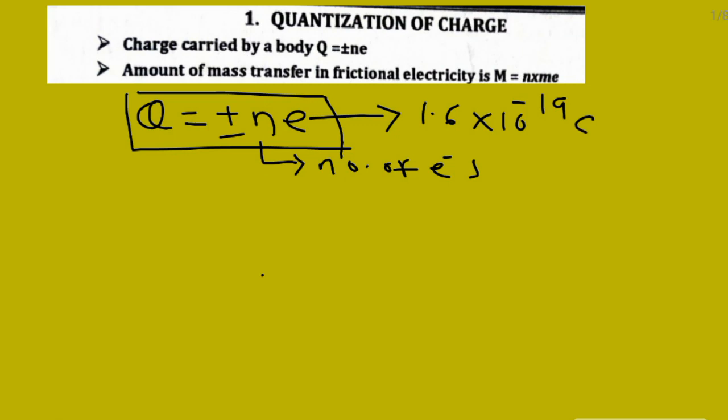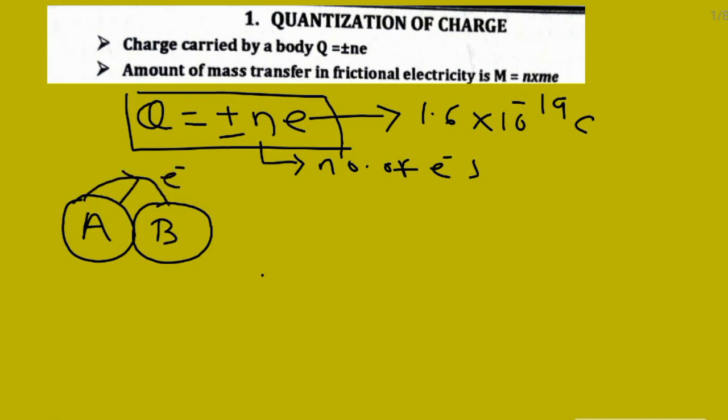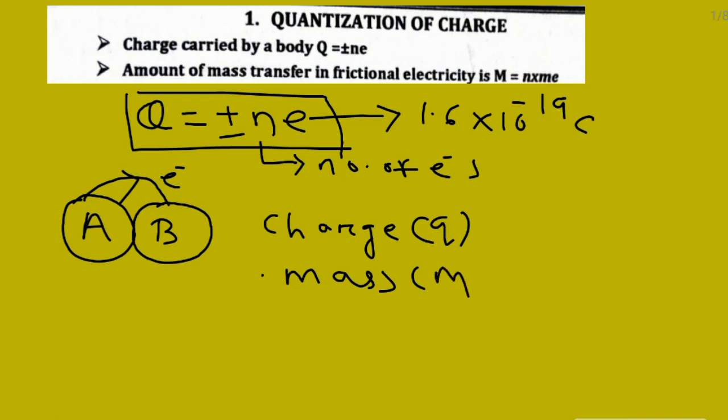And in frictional electricity, when a body A is rubbing with another body B, then electron transfer takes place from one body to another body. As a result, charge and mass also get transferred. So what much charge and mass will get transferred?